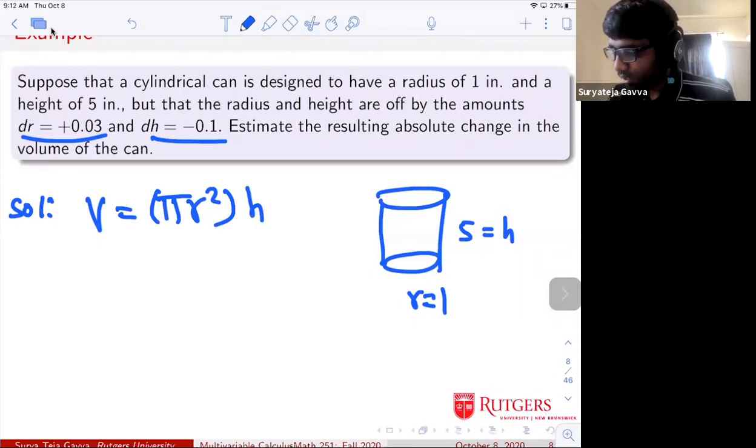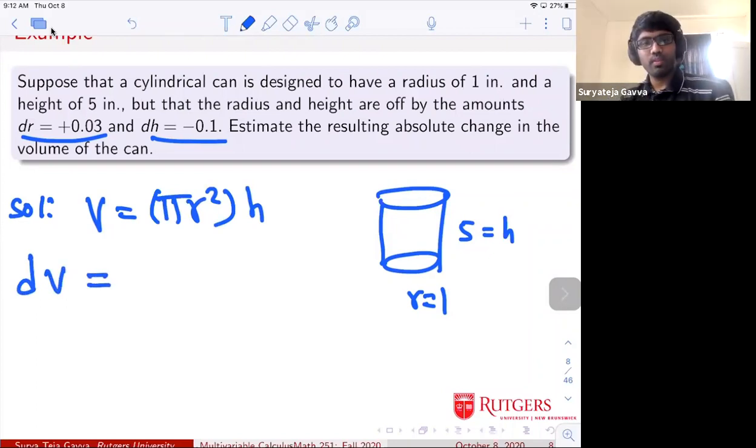Okay, so now can you tell me what dV, or delta V, is? The change in volume. You just apply the formula. It's not the gradient, dV is the change. So just compute that.